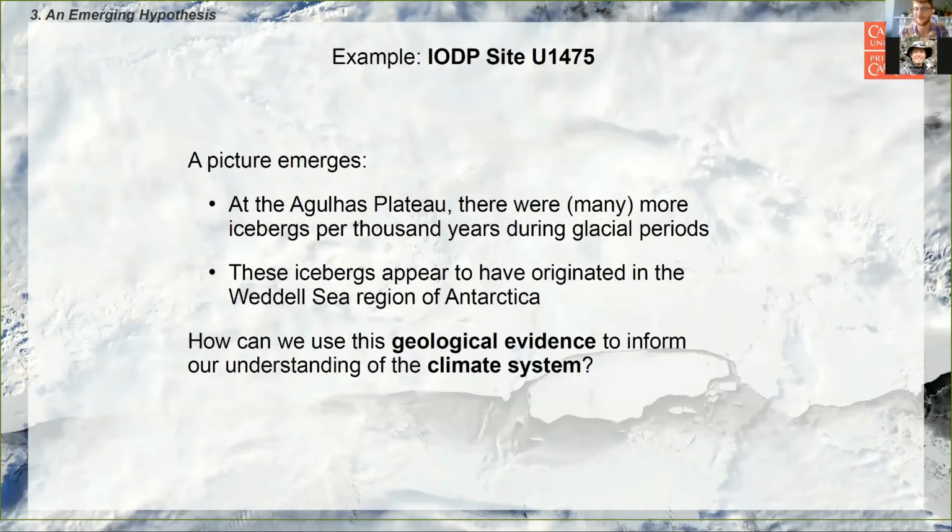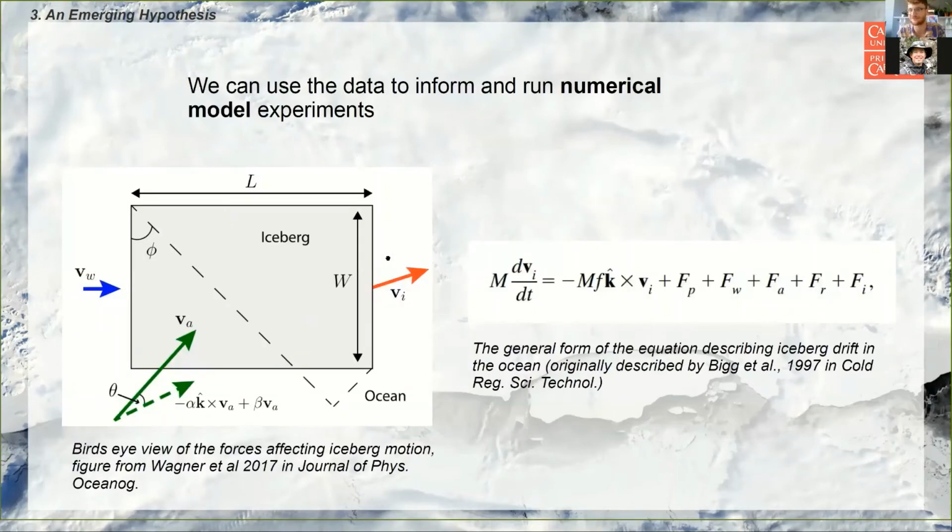One way that we can utilize this information and squeeze as much extra information out of it as we can is to use that data to inform and run numerical model experiments. One of the beautiful things about having these great satellite records in the modern ocean is that we can get a really good idea of the forces that govern the drift of icebergs in the open ocean.